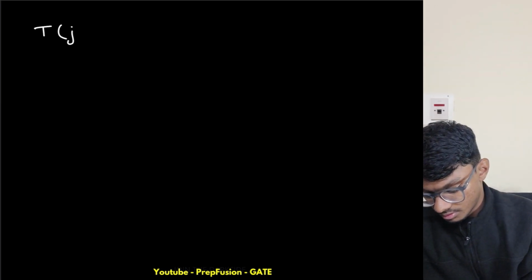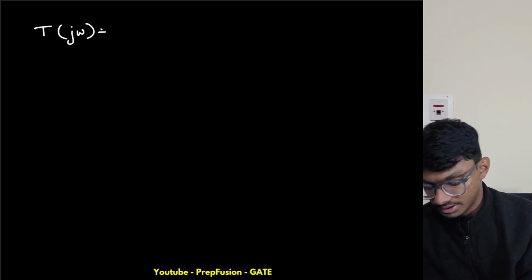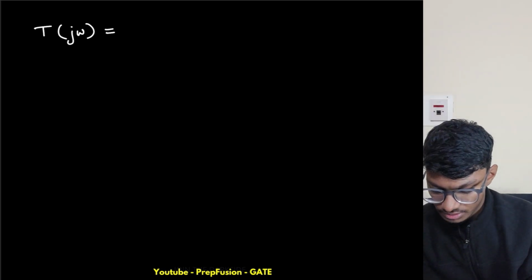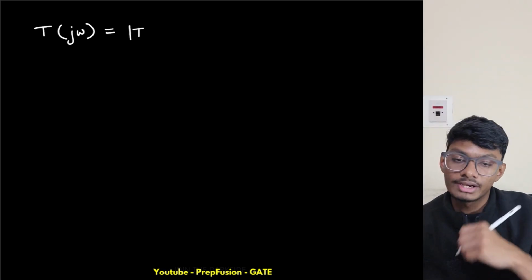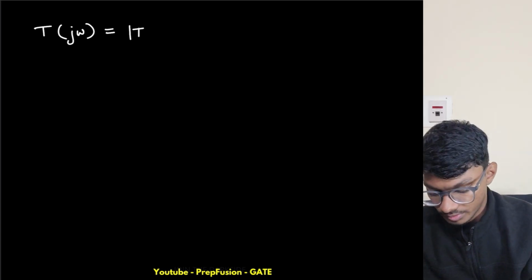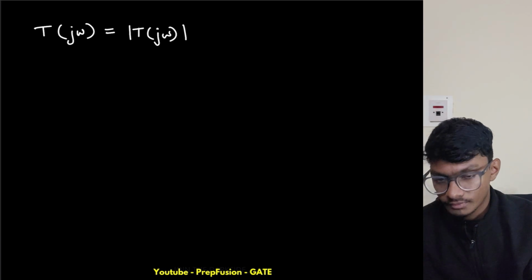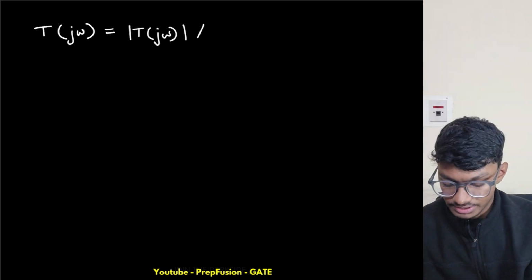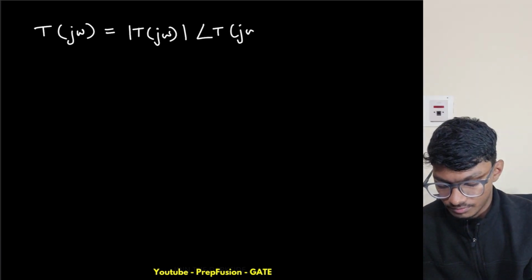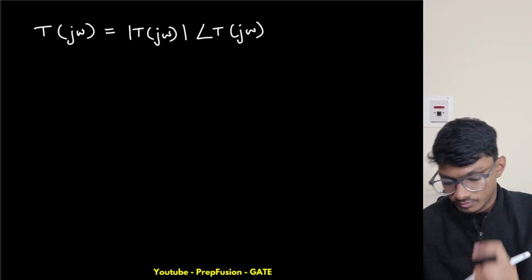T of j omega, let's say it has some magnitude. I can write T of j omega in polar form. It will be the magnitude of T of j omega, and then it has an angle component, the angle of T of j omega.